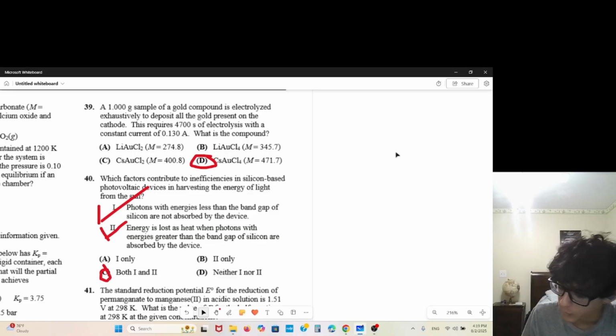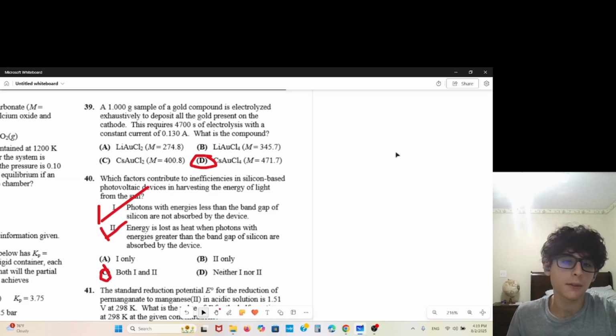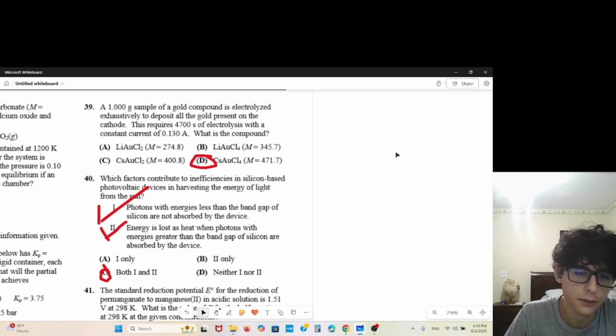If it's Au plus, it's going to be 1 mole electron per 1 mole Au, and if it's Au3 plus, it's going to be 3 moles of electrons per 1 mole Au. So for the latter, you're going to divide by 3, and for the former, you're just going to keep it as is. So let's choose the former.